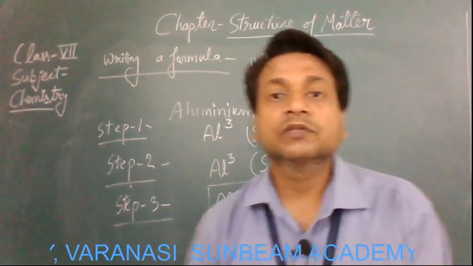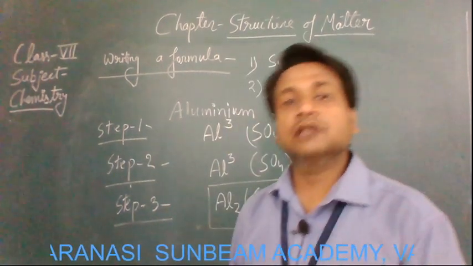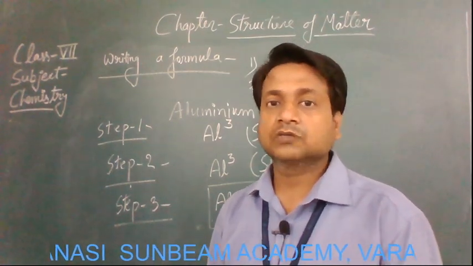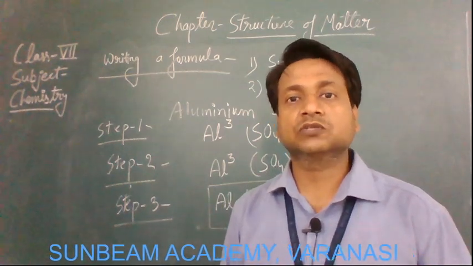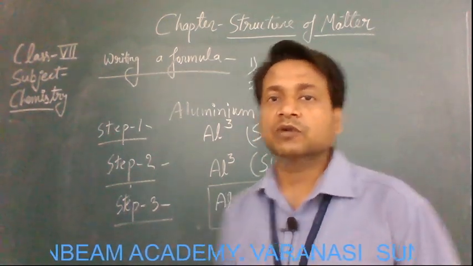Now, in your book, we have a table in which a number of examples are given. So we'll practice them, we'll discuss them one by one, so you can easily understand how to write the formula.